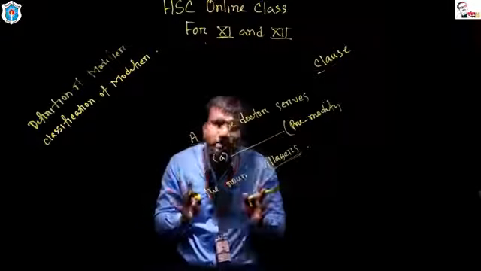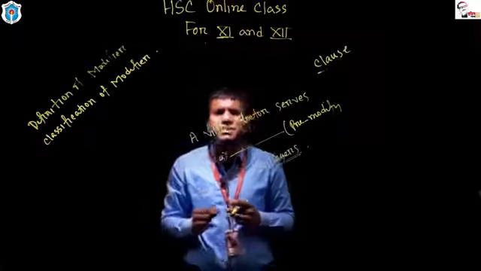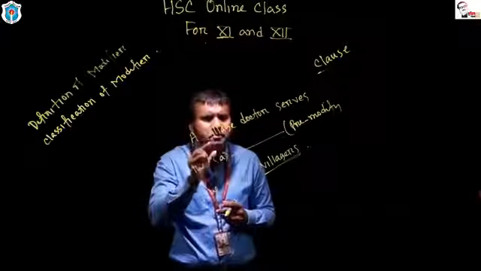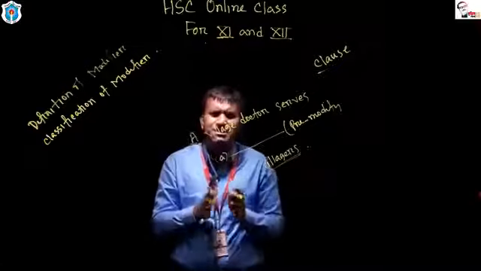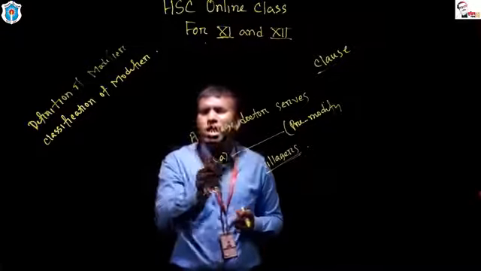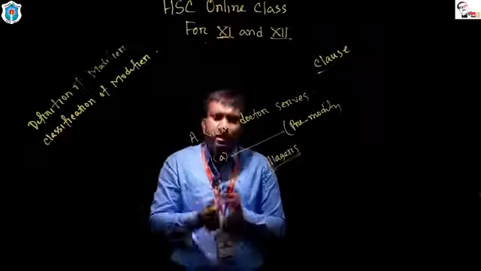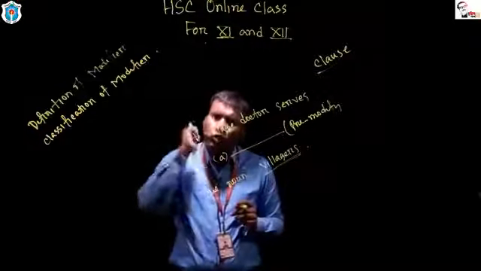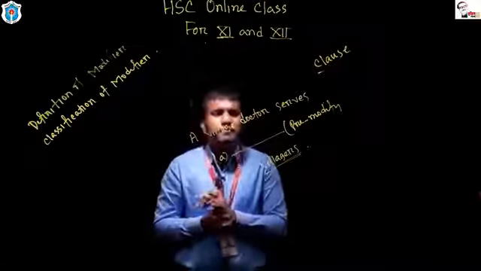Now, my question is, villagers is a noun. Students, you know that there are 8 kinds of parts of speech. They are noun, pronoun, adjective, verb, adverb, preposition, conjunction, and interjection. You know that noun and pronoun are always qualified by adjective. That is, adjective always qualifies or modifies noun and pronoun.